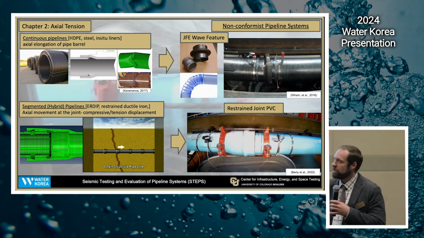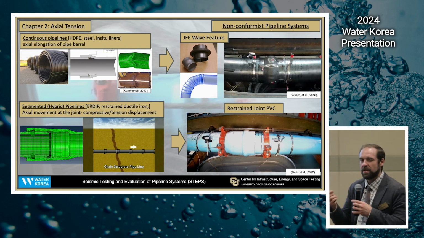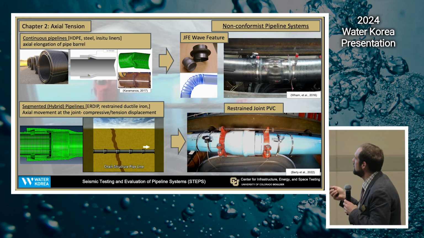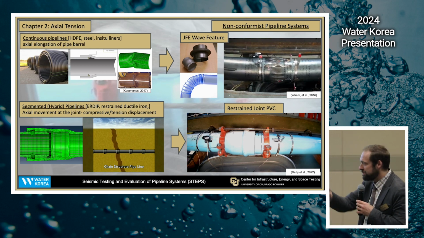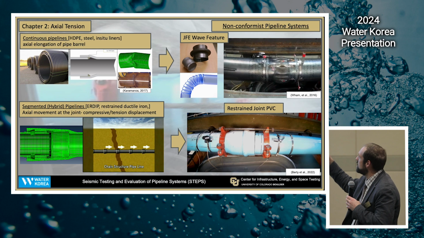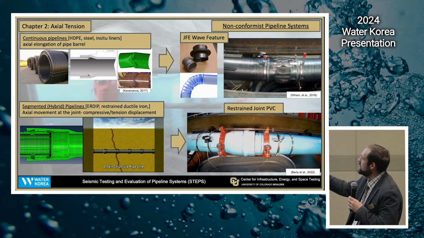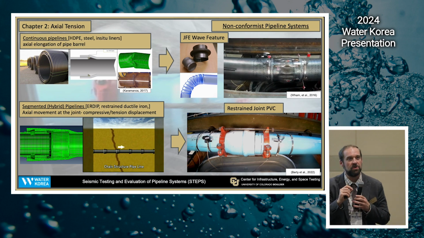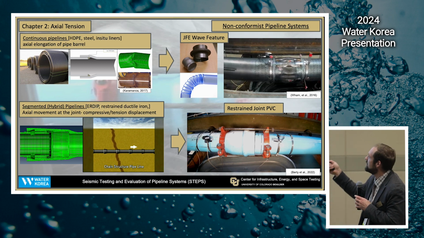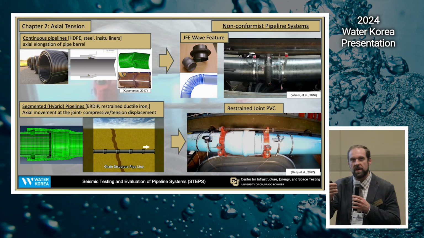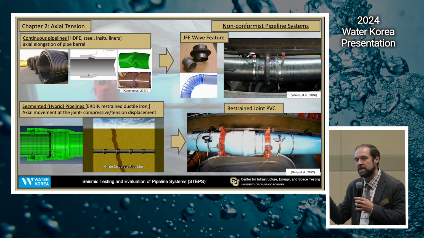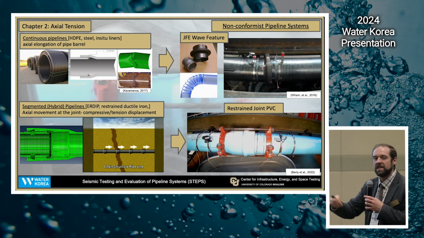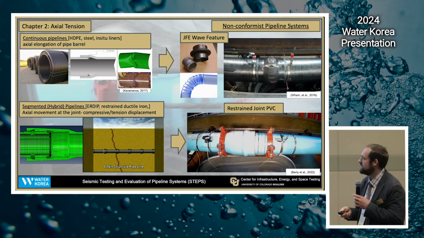And then it gets a little trickier when we have pipes with a non-conventional style. The example that Professor O'Rourke showed earlier would be this wave feature that's analogous to a bendy straw, where we are concentrating deformation at one feature that is weaker but is still continuous in nature and could be easily repaired following a large seismic event, for example.